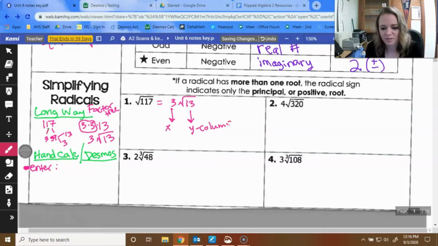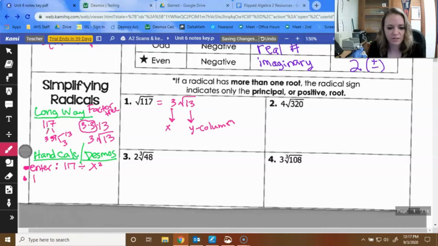Okay? Let's write this out so that way we remember what we did. So in either one of these, the first thing we enter is 117 divided by, and I'm just doing this off of example 1, divided by x squared. And again, x squared could change to x cubed, whatever. All right, 117 divided by x squared.